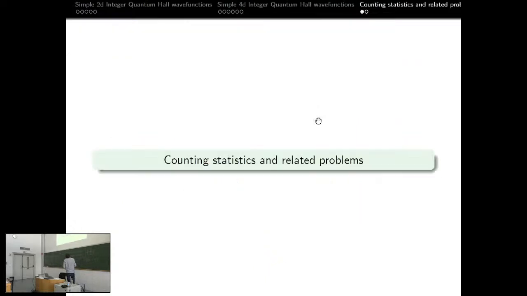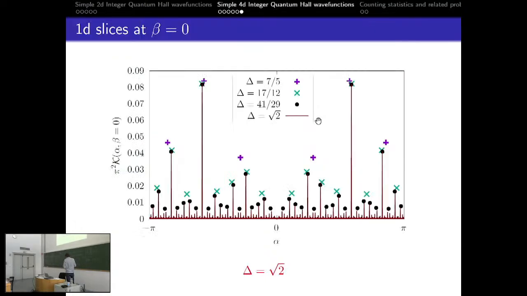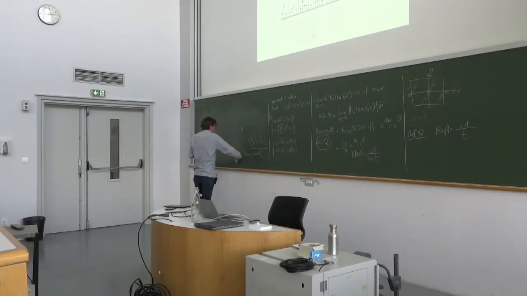Okay, and so I think that's all I wanted to say. No, so maybe just one second for how you compute this. I give the argument in 2D, but in 4D it is the same.